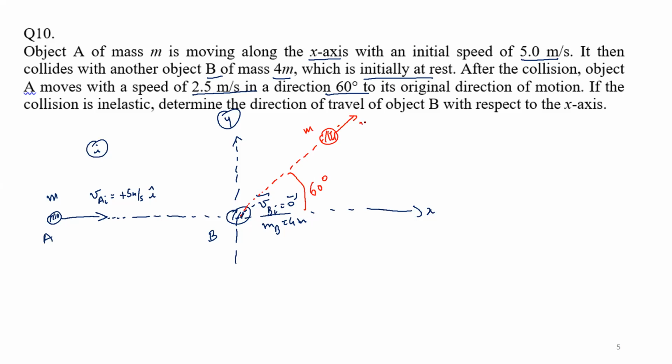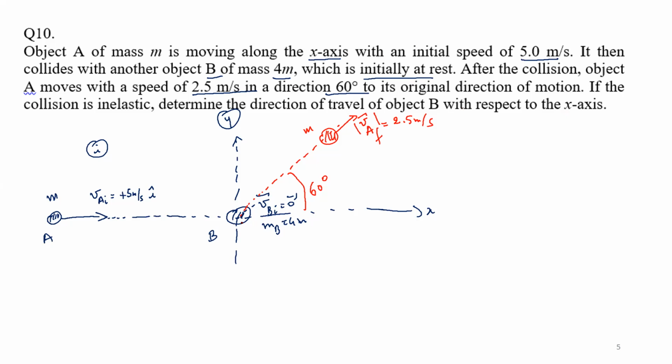And now V_A final is equal, in magnitude, to 2.5 meters per second. Good. Now, if the collision is inelastic, determine the direction of the travel of object B with respect to x.